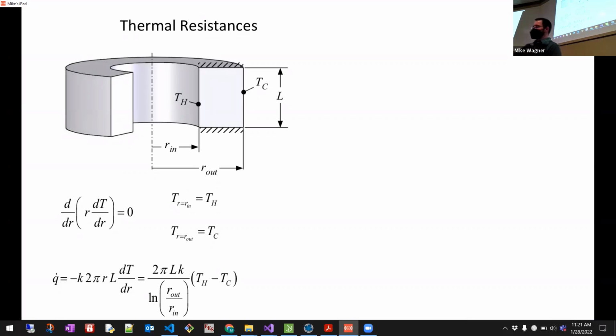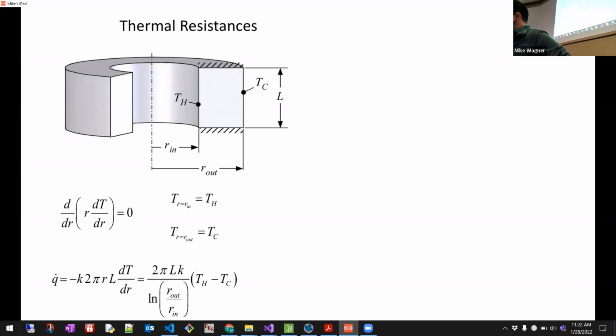Okay, so we just went through and solved this problem. We solved this expression for temperature for this specific problem. And if we look at our solution for that, we often want to understand, what is Q dot? How does Q dot relate to temperature directly?